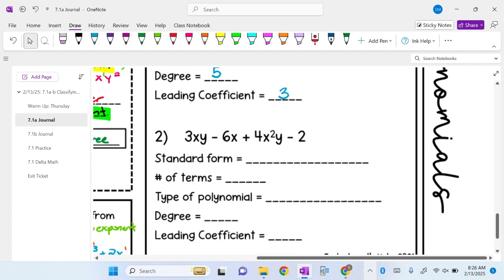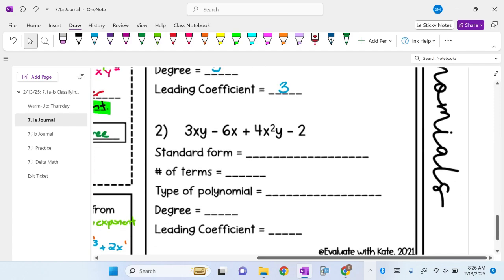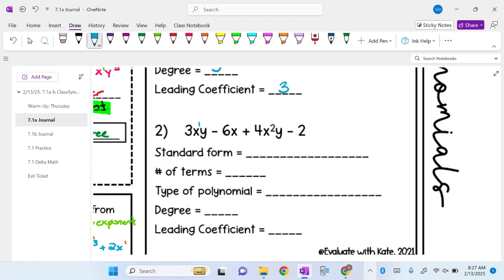Now, the last one's a little tricky because we actually have multiple variables. So the first thing we're going to do is figure out the degree of all the terms. So remember, when you have multiple variables in one term, you add the exponents. So for the 3xy, the x and the y both have an exponent of 1.